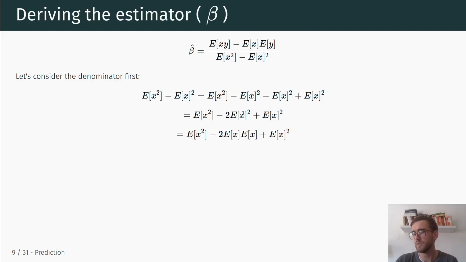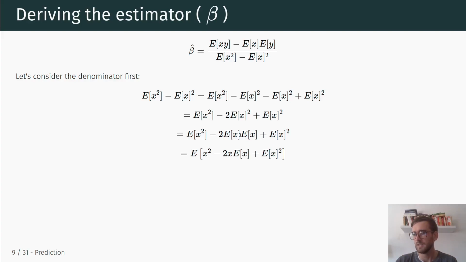We can also rewrite the square of the expectation of x as the expectation of x times the expectation of x. So rather than having the square here, we're just writing this as the expectation of x times the expectation of x. Again, this is still mathematically equivalent. We're just re-specifying things a little bit.